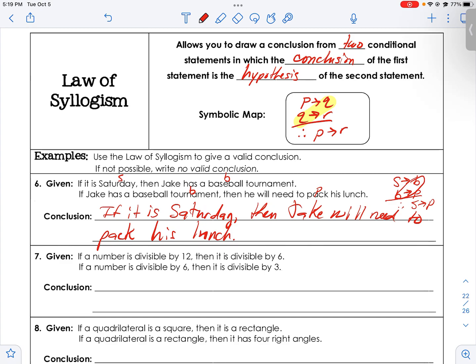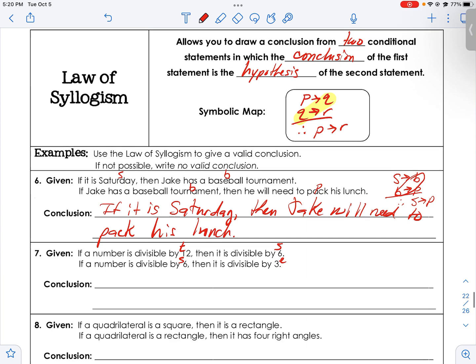So let's look at number 7. I think it's way easier to do if you do it in symbols, especially these because some of them get a little tricky. If a number is divisible by 12, I'll go with T for 12, then it is divisible by 6, S. If a number is divisible by 6, S, then it's divisible by 3. I'm going to go with E, because 3's got a lot of E in it.